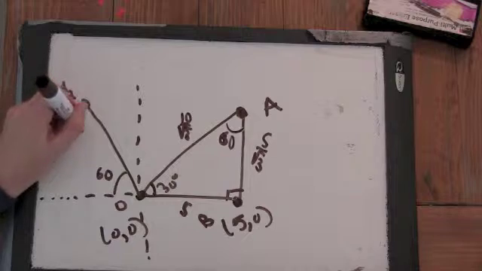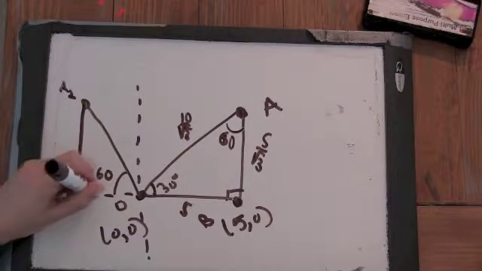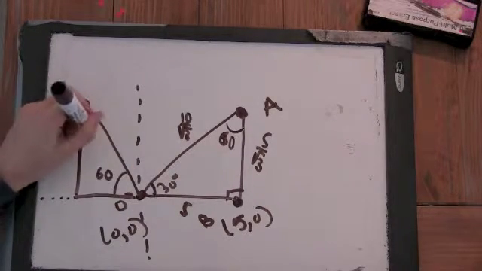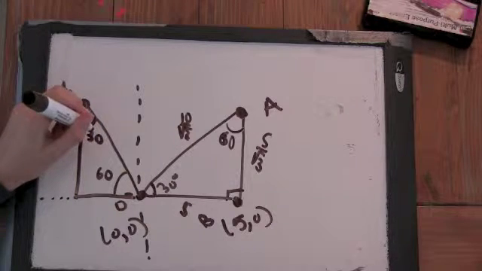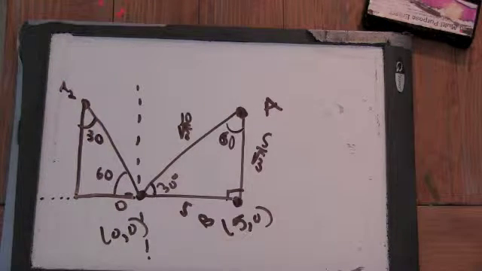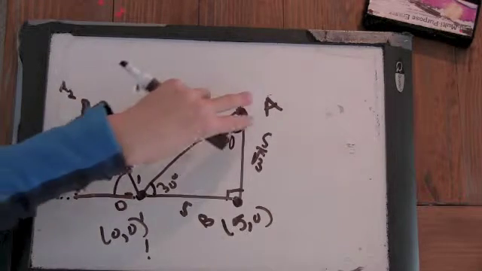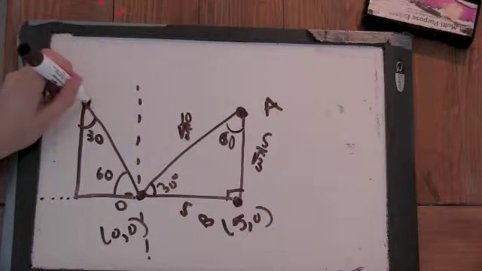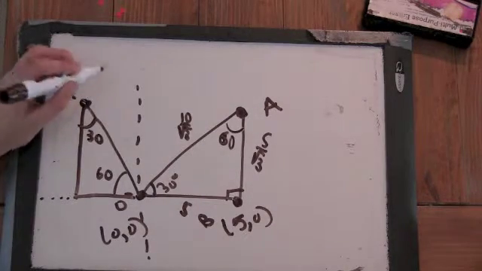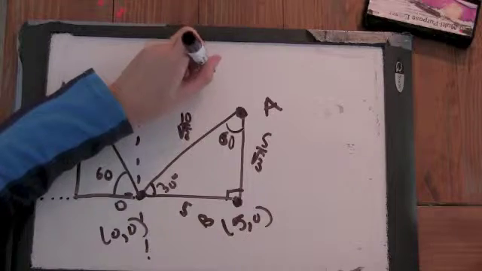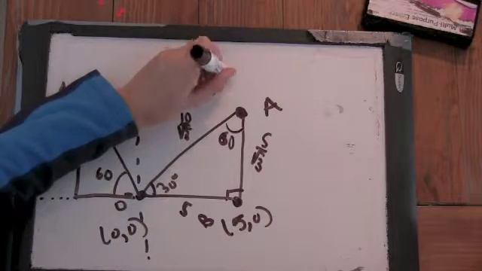So if we rotate the entire triangle, it's going to be rotated 90 degrees, so it's going to still keep, this point is 5 over root 3.